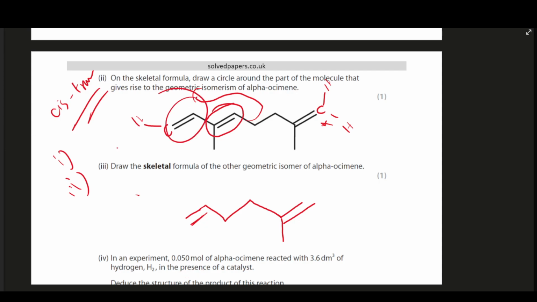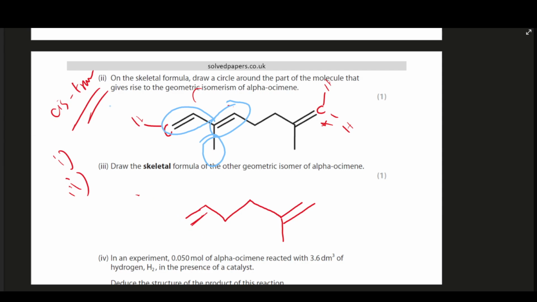Only this part is going to change and this part is going to change, isn't it? Because this is the part which is going to show geometric isomerism. That means this is our guy and this is our guy. Did you understand?